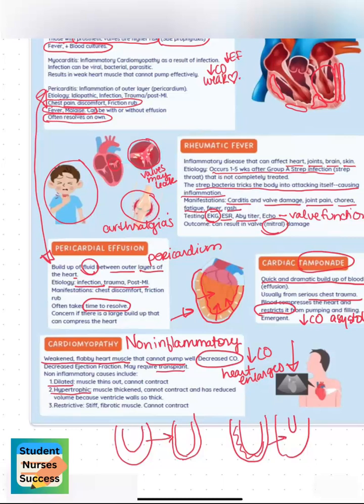And this thickened muscle is too bulky and not efficient for contraction. Also, you see a reduced amount of blood that can be in that ventricle, so it has reduced volume as well. And the last is restrictive, where this muscle just becomes very stiff and fibrotic and can no longer contract. And those are the three causes of non-inflammatory cardiomyopathy.